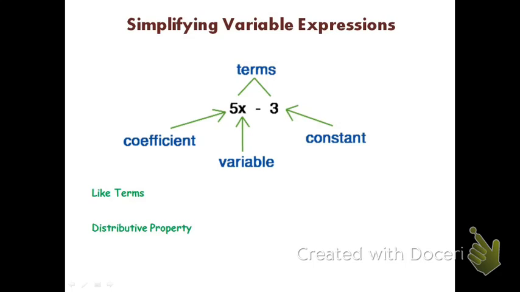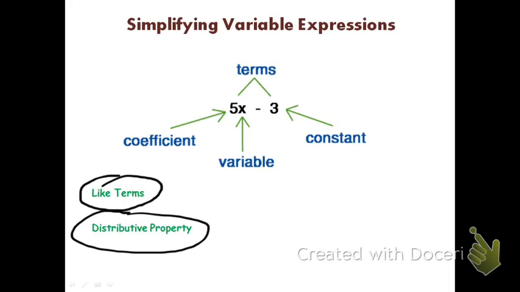Okay, we need to be able to simplify variable expressions. And there are 2 things that come into play here. One is like terms. Terms are alike when the variables and their exponents are identical. So like terms have the same variable and exponent.